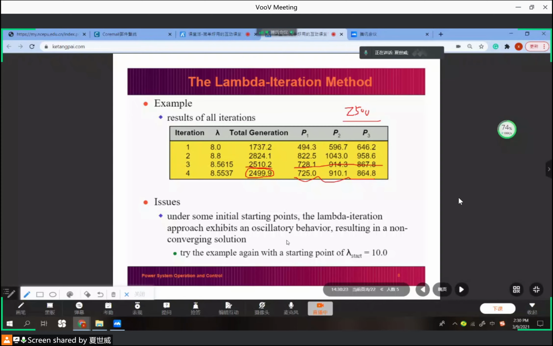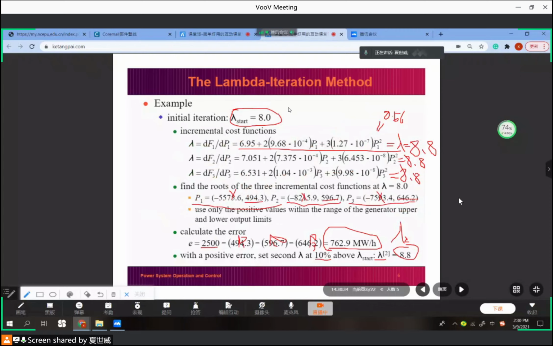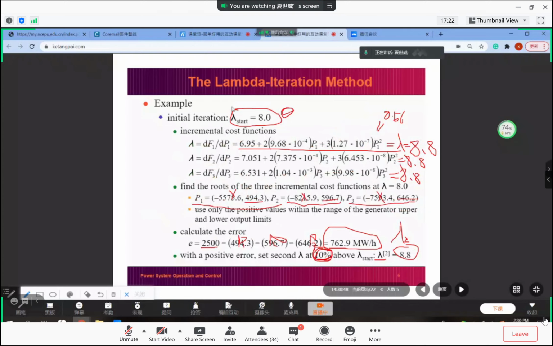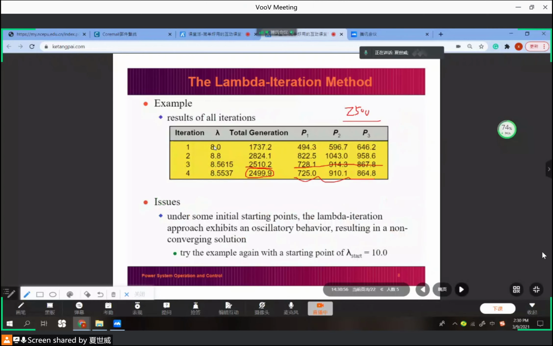So let's continue. For this method, first we guess the initial value of lambda, and we also guess the increase or decrease percent, maybe 5%, 10%, or 20%. The key point is that if you choose a different lambda, the iterative procedure will be different. If you use 8, here you see there are 4 iterations and you approach the optimal solution.